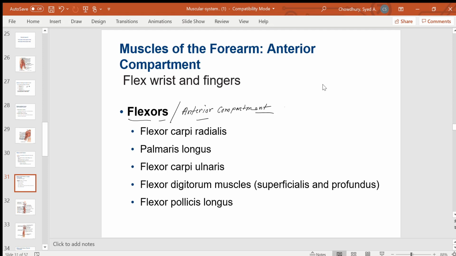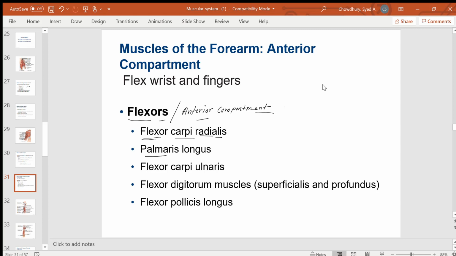Those are the actions of anterior forearm muscles, and all these are flexors. That's why most of them are named after the action. Okay, so in the radial side of the forearm, that means the lateral side is the radial side, you have flexor carpi radialis.